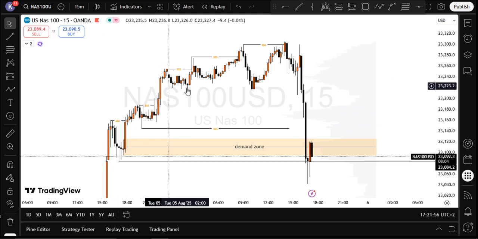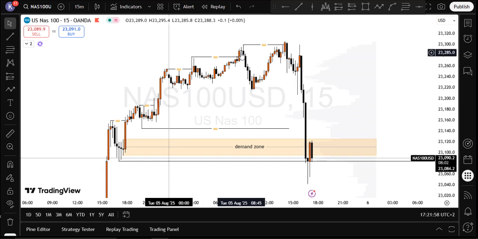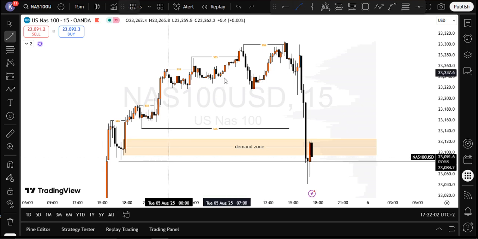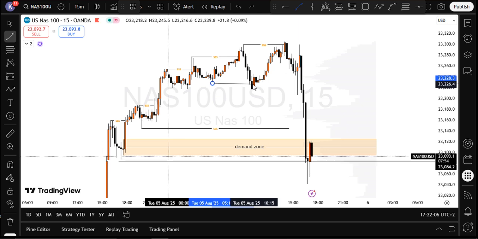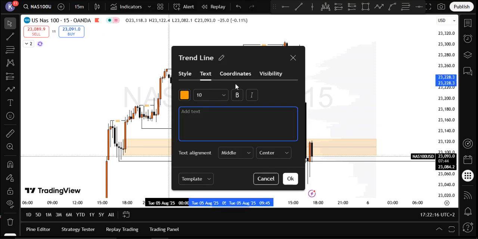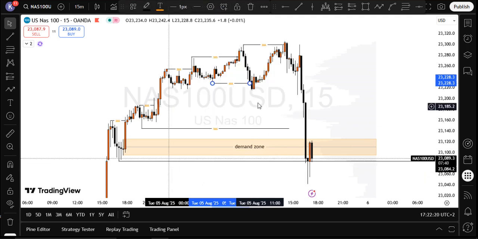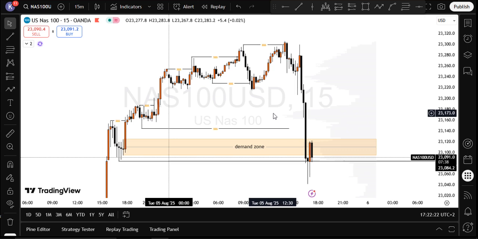It continued pushing to the upside, and then from here, instead of breaking highs, it took out a low, right? It took out this low here, showing us that the market is no longer interested in breaking highs, creating highs and breaking them.